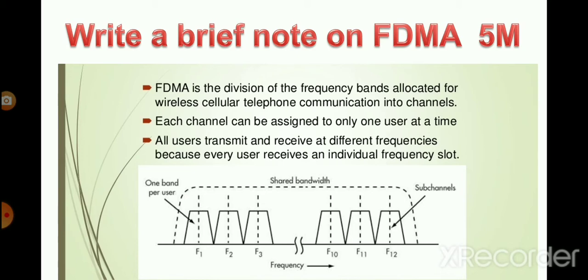All users transmit and receive at different frequencies because every user receives an individual frequency slot, F1, F2, F3, up to F10, F11, F12. That is one user per band, subchannels, shared bandwidth.